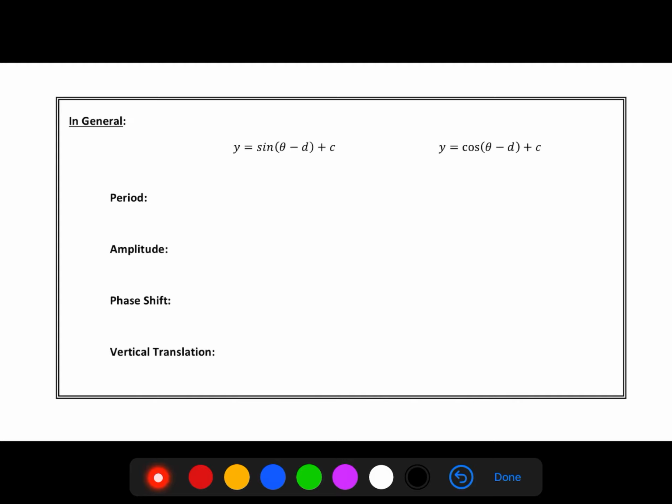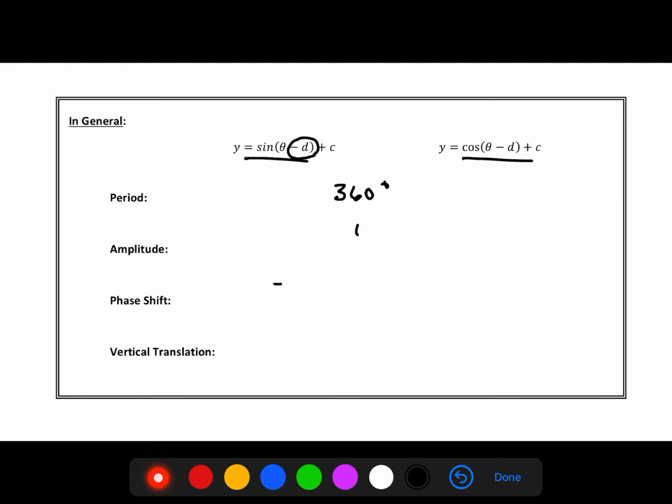In general, for both of these, it doesn't matter whether it's sine or cosine: your key points change, but how it's altered doesn't change. Our period is going to be 360 and our amplitude is going to be 1. There's nothing changing our period or our amplitude at this point. Our phase shift is the change in our theta values.